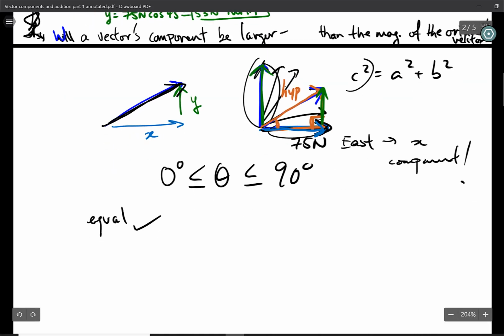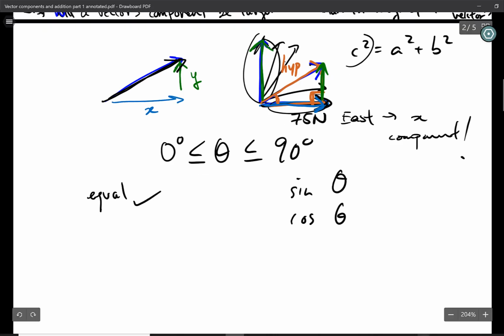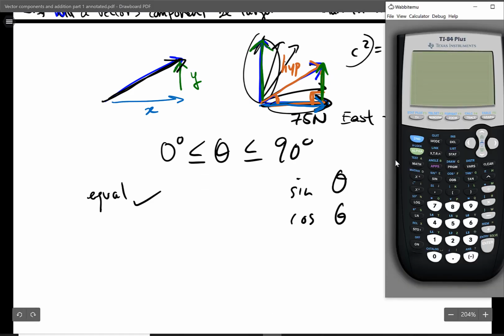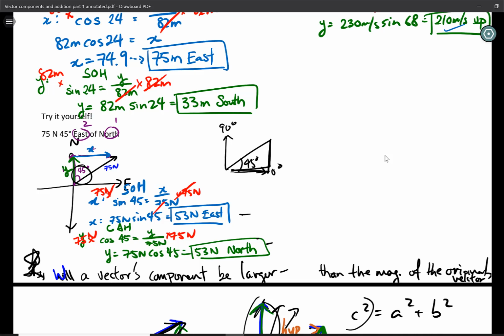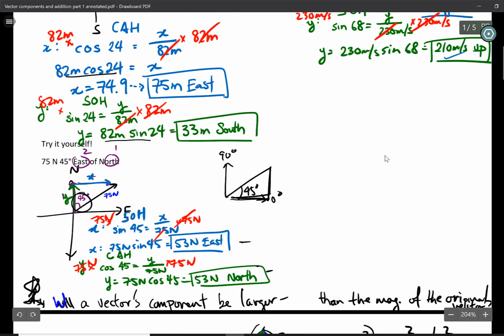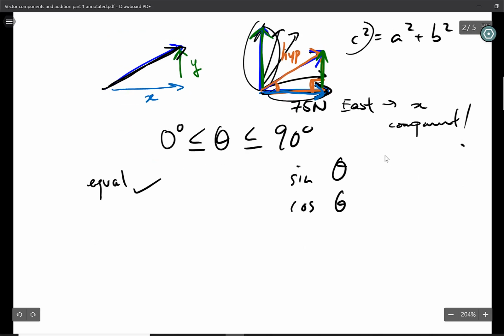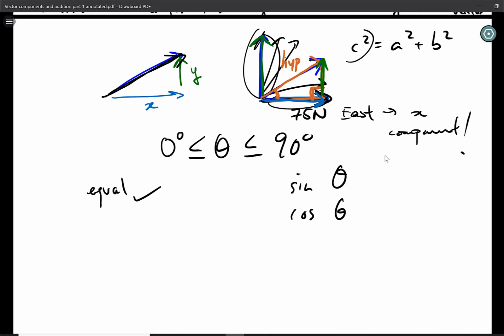Another way you can think about this is to check the sine and the cosine of these angles between 0 and 90 degrees. Every time, you're taking the original magnitude of your vector and multiplying by sine theta or cosine theta.